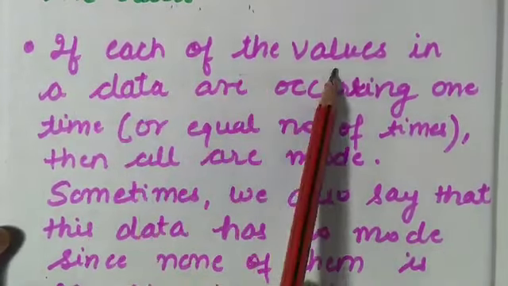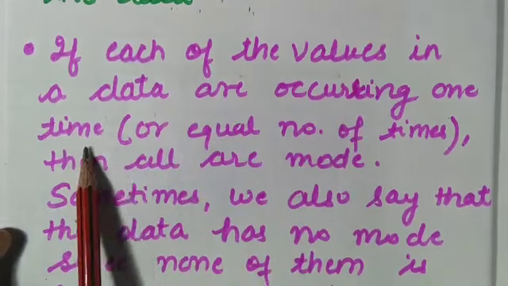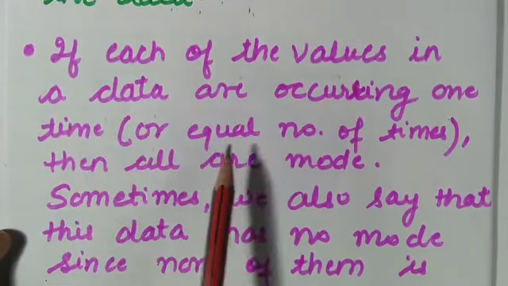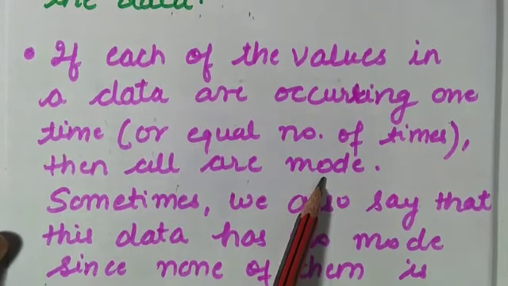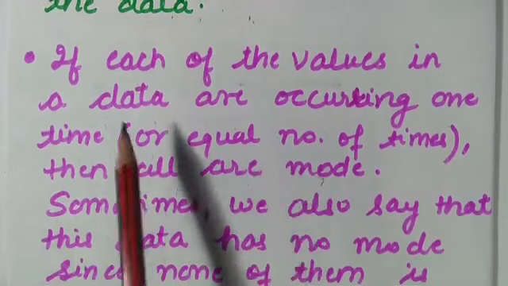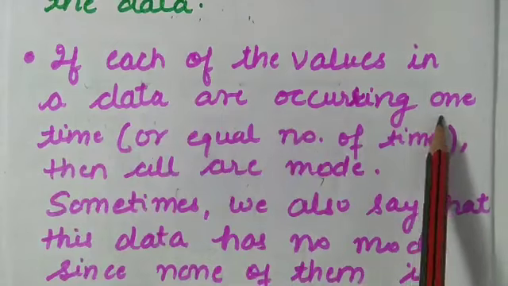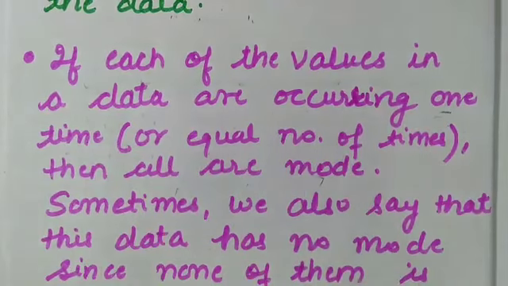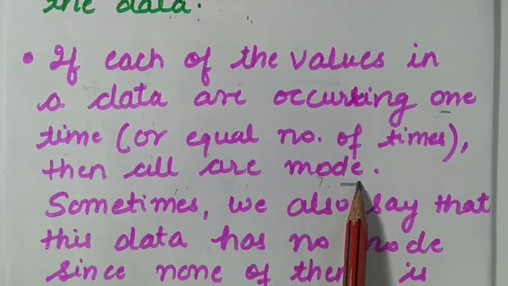Next point is, if each of the values in a data occurs one time or an equal number of times, then all are mode. All the observations are considered as mode. It is not necessary that in a data we have only one mode; it may be more than one.